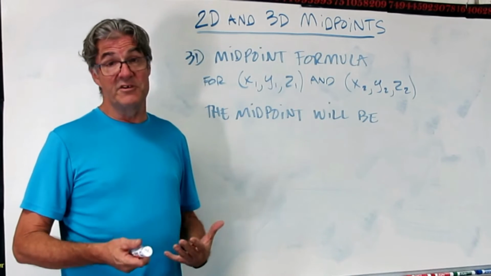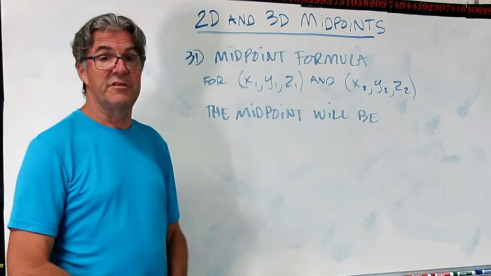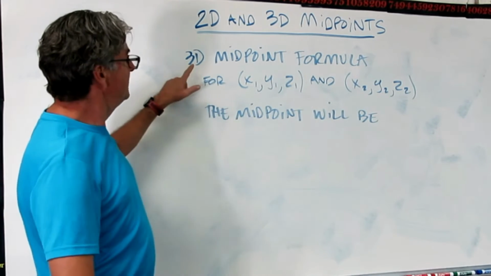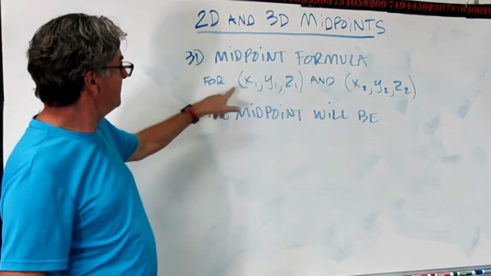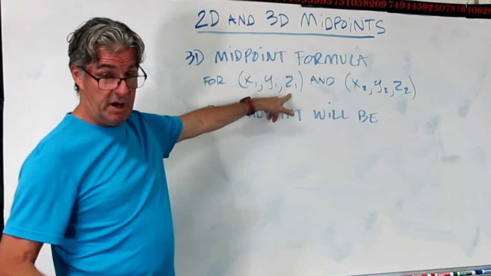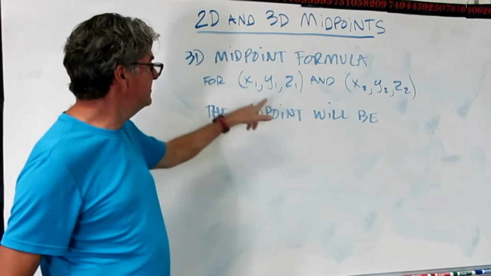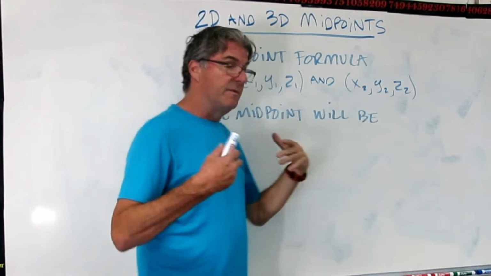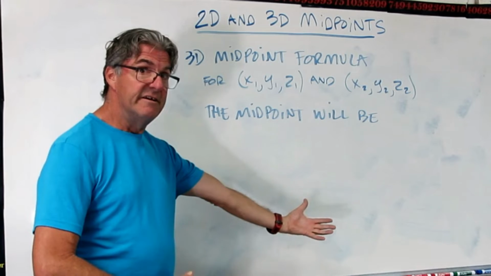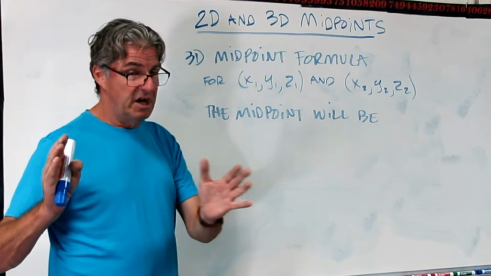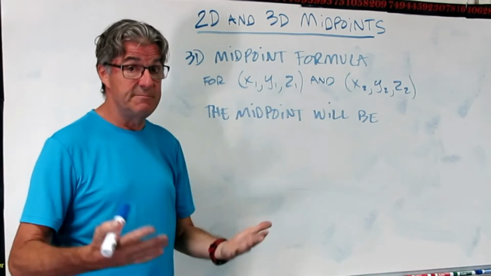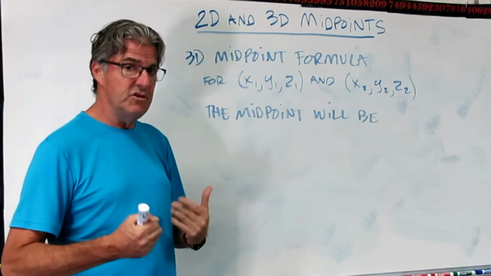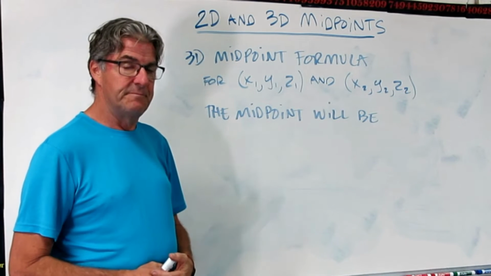Okay, now that we understand 3D space, let's take a look at the 3D midpoint formula. So for any points, x1, y1, z1, remember in 3D space you have 3 coordinates, x1, y1, z1, and x2, y2, z2. The midpoint formula will be, now this is not a surprise, this is very similar to the 2D formula. So see if you can think of what that might be.